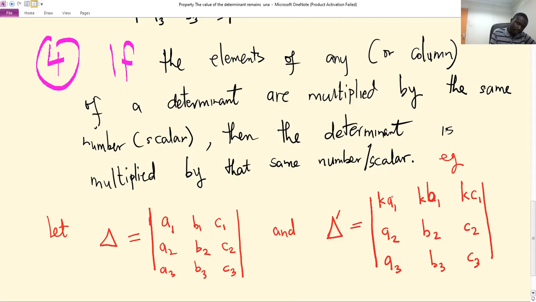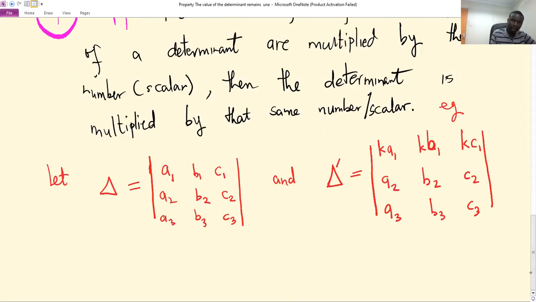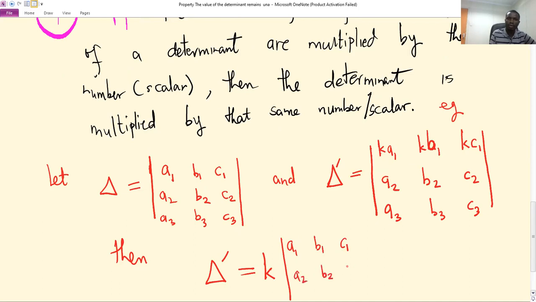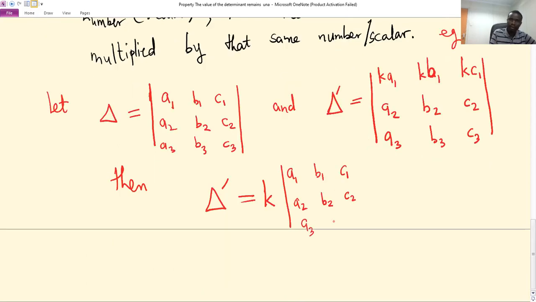And then we have another determinant where the elements of the first row are multiplied by a constant K. Then this determinant is the same as taking that constant K, multiplying by the determinant A1, B1, C1, A2, B2, C2, A3, B3, C3, which is K times that determinant delta.